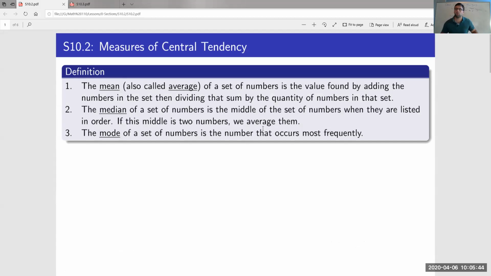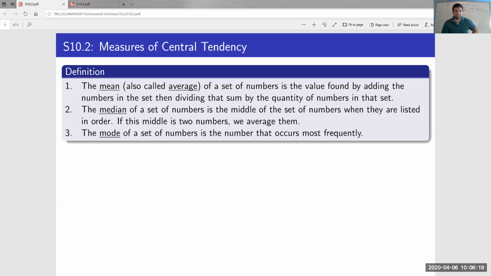So last time we were talking about this new stuff dealing with the measures of central tendency. So the mean, median, and mode of a set of data. The mean, also called the average, is found by adding up all of the numbers in the data set, dividing by the number of numbers.